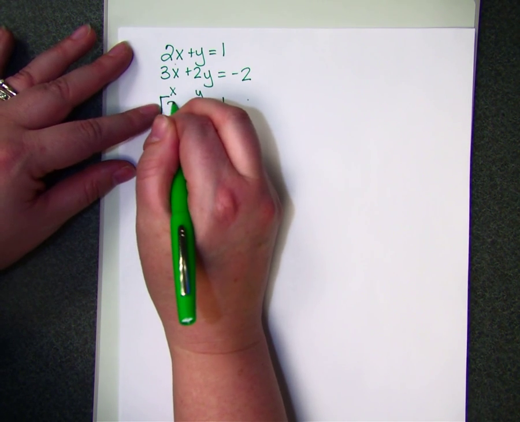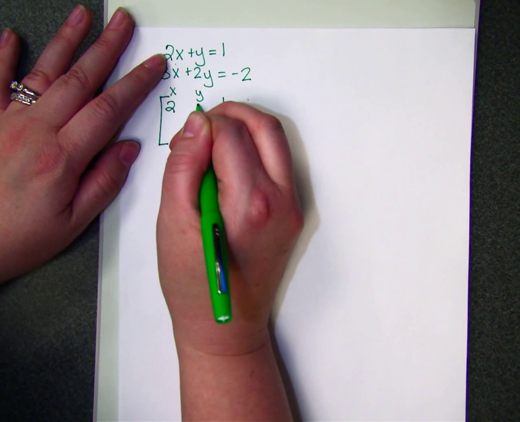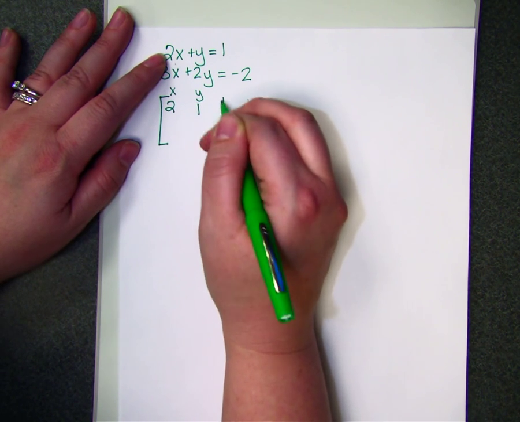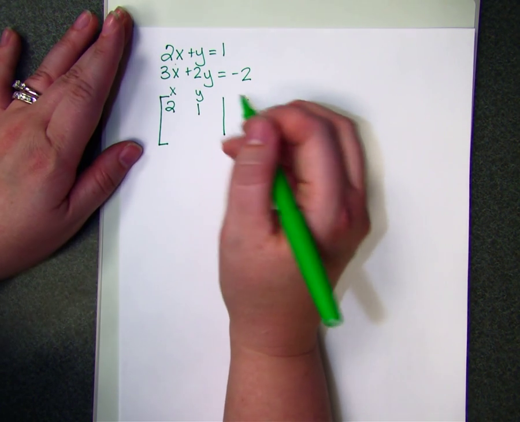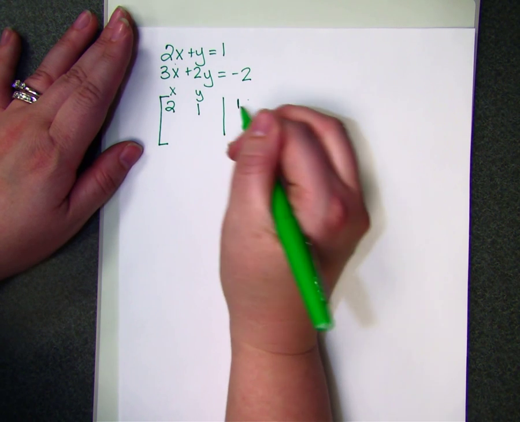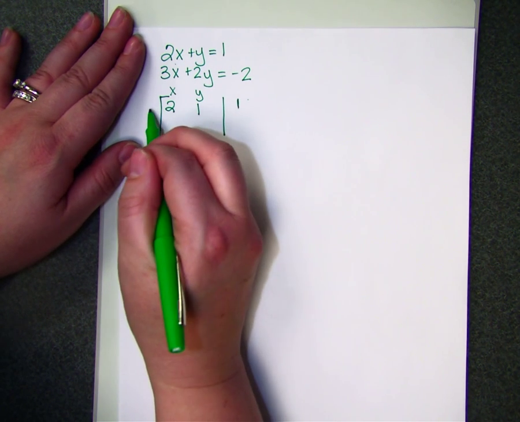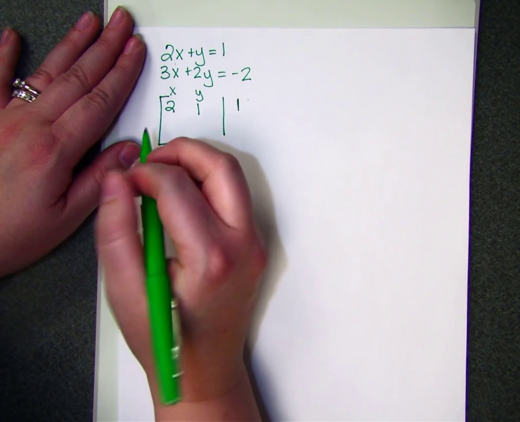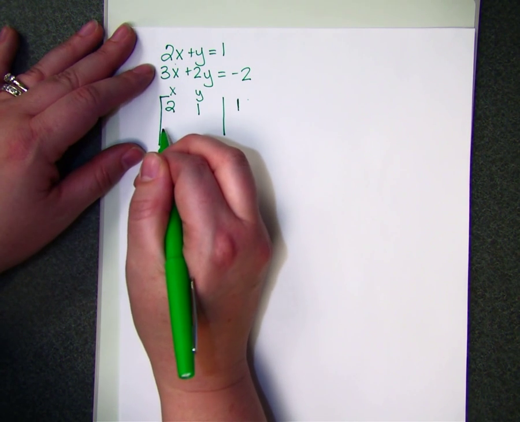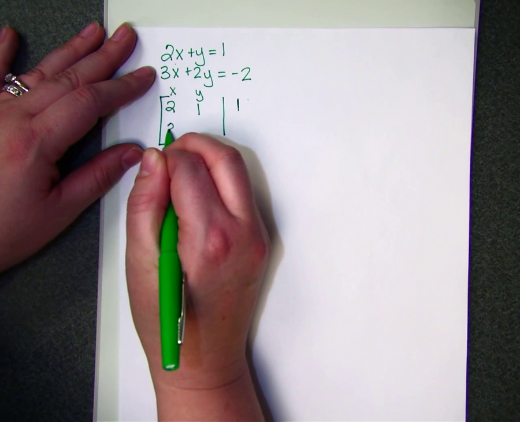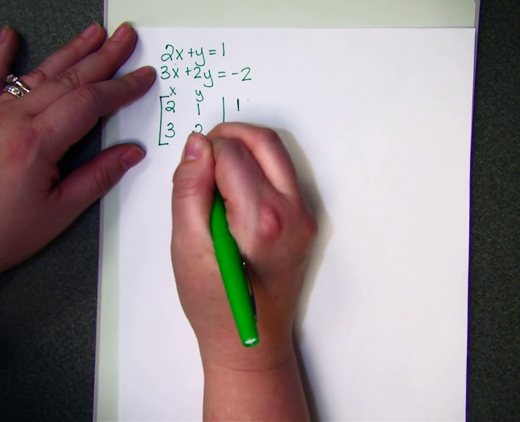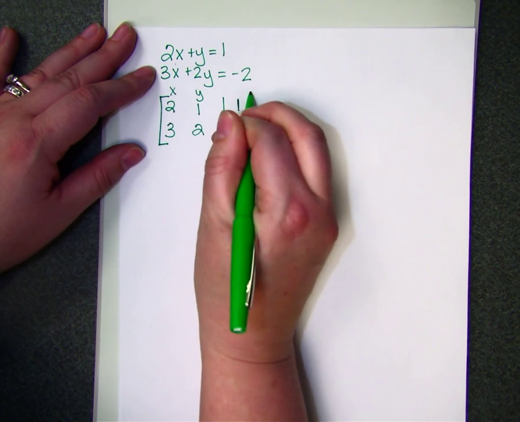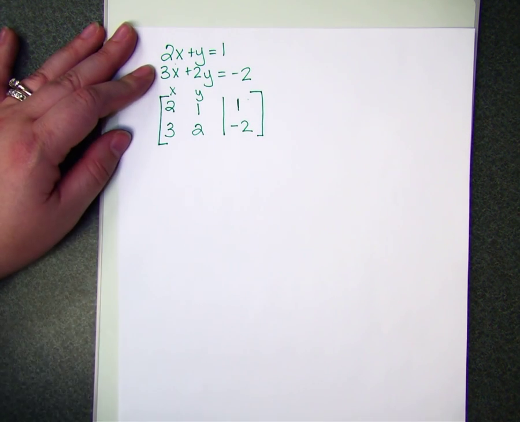So our first equation has 2x plus 1y, and then this line is similar to an equal sign, equals our constant, which is 1. So our first row is made up of all of the coefficients from our first equation. And on our second row, we'll have all of the coefficients from our second equation: 3x plus 2y equals -2.